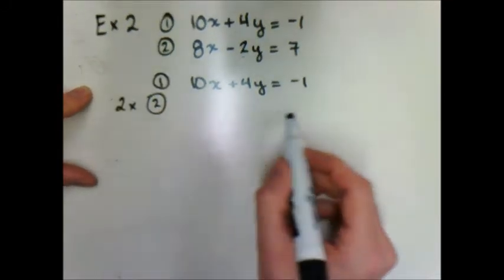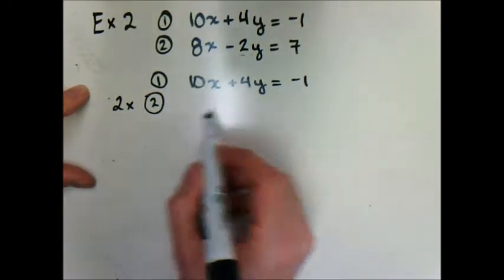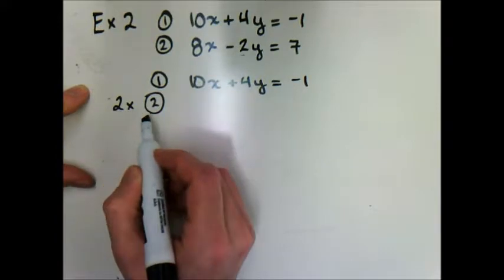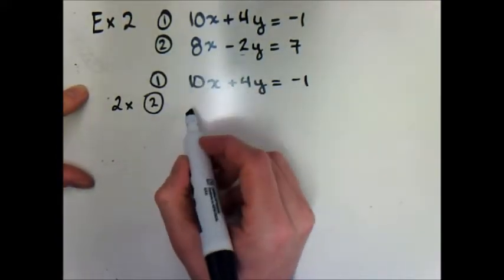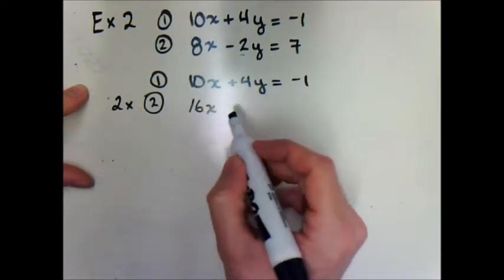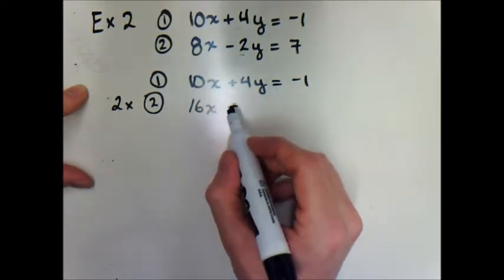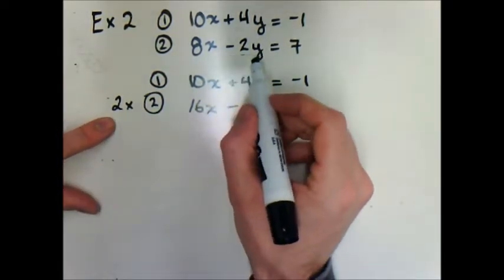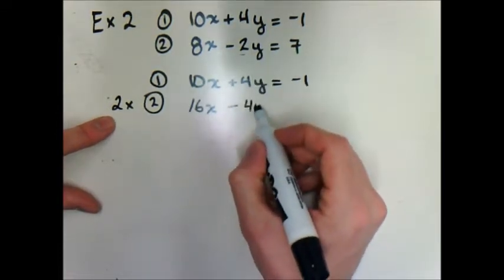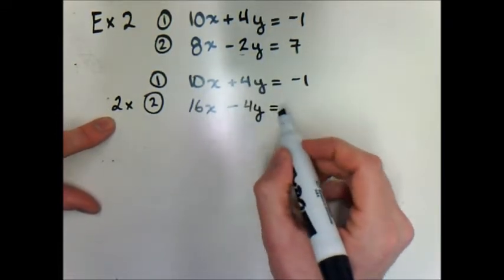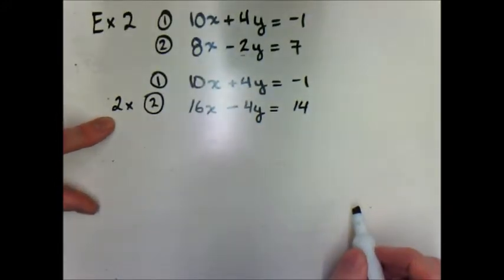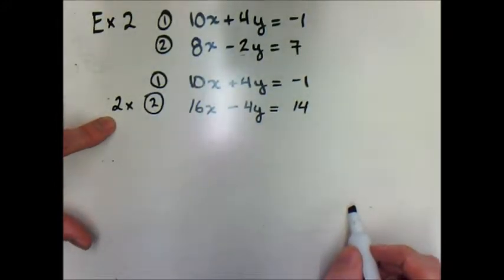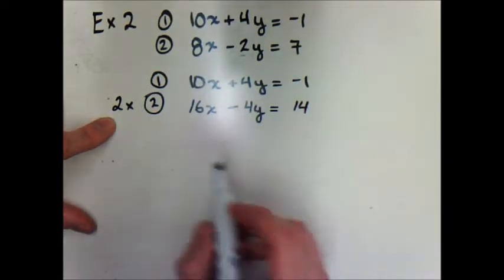So this next line is going to be 2 times equation 2, which means we're going to have 2 times 8x, which is 16x. We're going to have 2 times negative 2y, which is negative 4y. And we're going to have 2 times 7, which is 14. So all of the terms in equation 2 have been multiplied by 2.